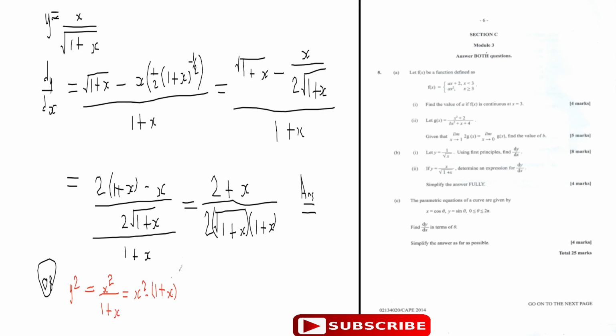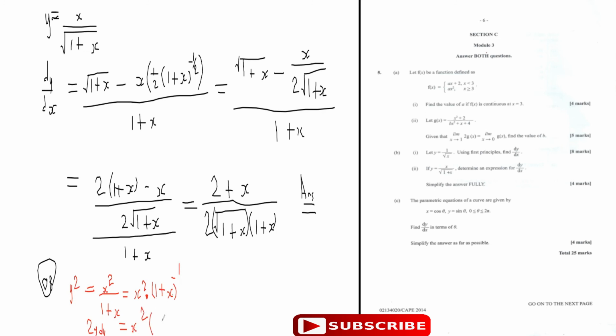Using implicit, differentiating both sides now with respect to x, you'll get 2y dy by dx. That would be equal to, keep the first, times the derivative of the second.